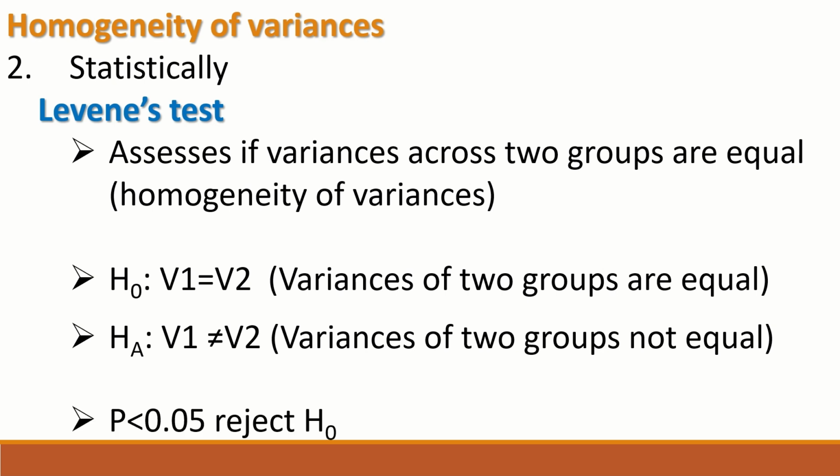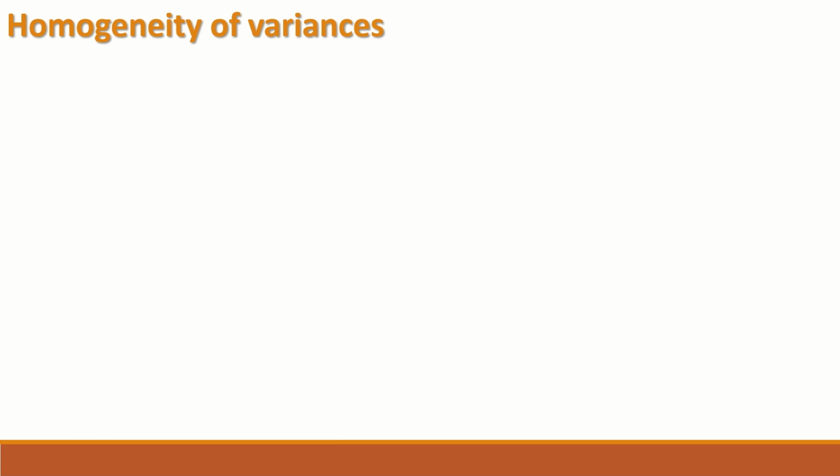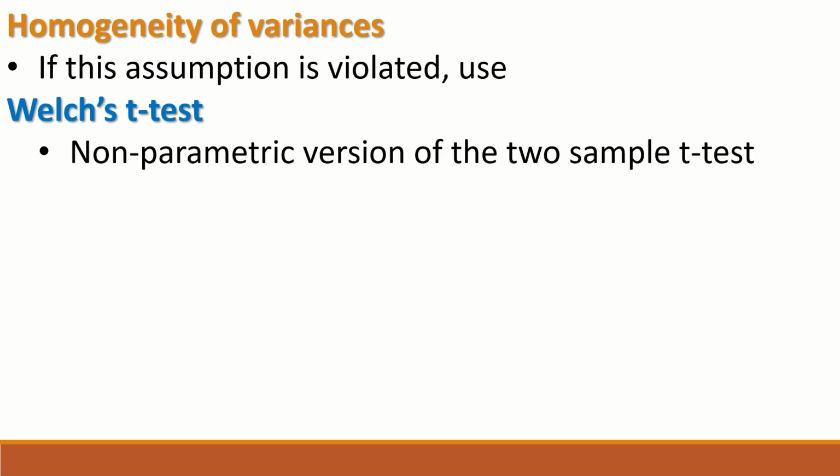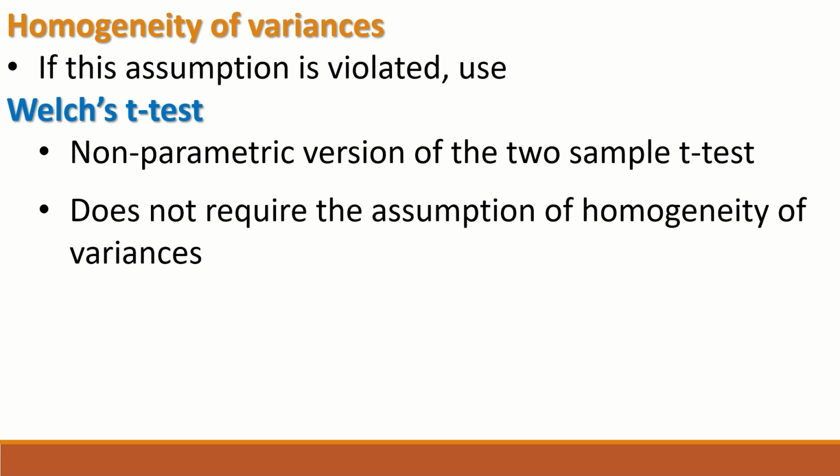Then if the p-value is less than 0.05, reject the null hypothesis. If the assumption for homogeneity of variances is violated, then use another test, which is the Welch t-test, a version of the two sample t-test that does not presume homogeneity of variances.